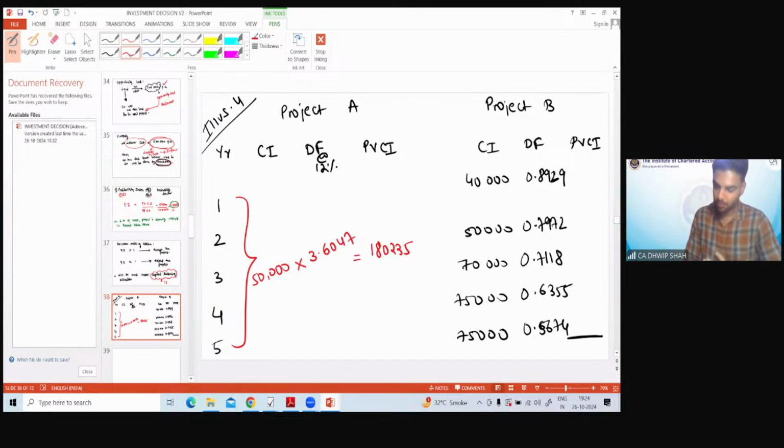50,000 into 0.7972, 70,000 into 0.7118, plus 75,000 into 0.6355, plus 75,000 into 0.5674, equal to 213,060.